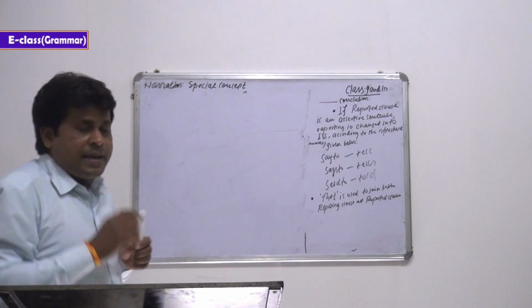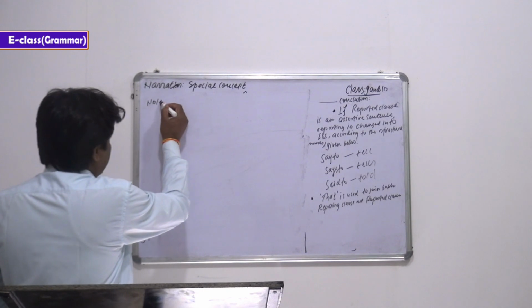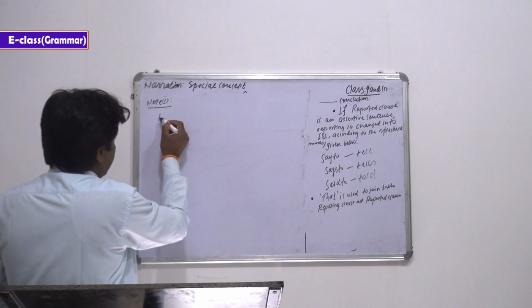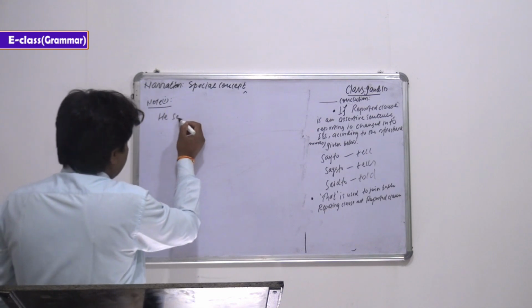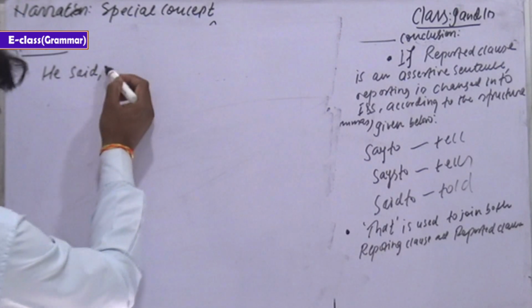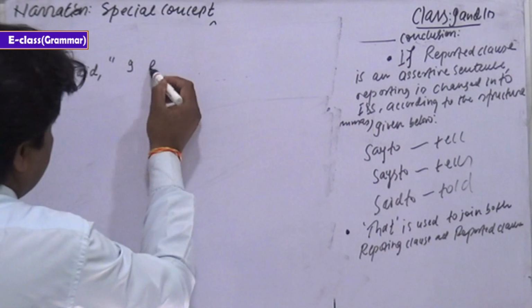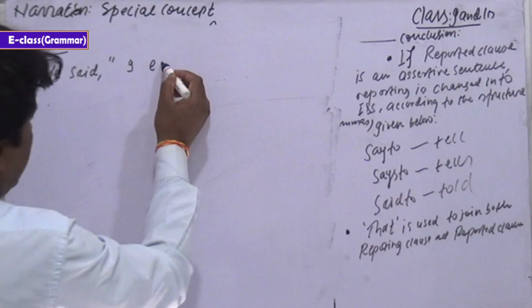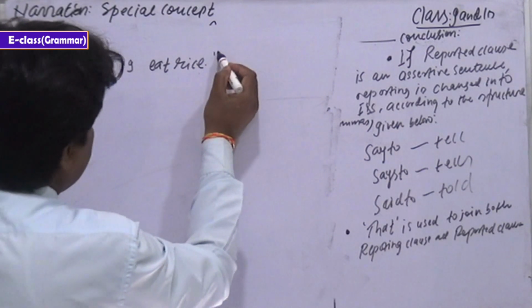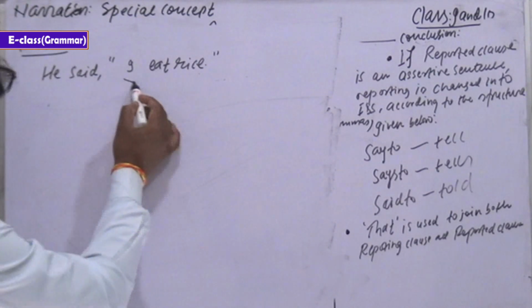Let's see one more example here. This is under note number one. See here, he said, I eat rice. Simple sentence. Which sentence is this?